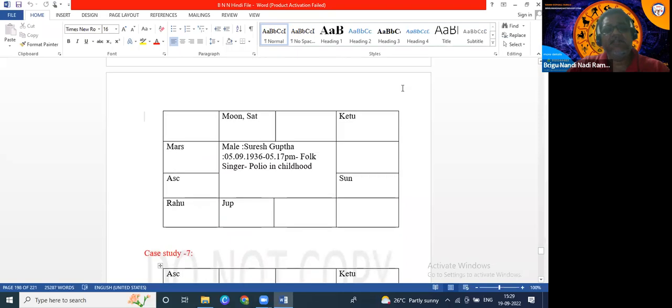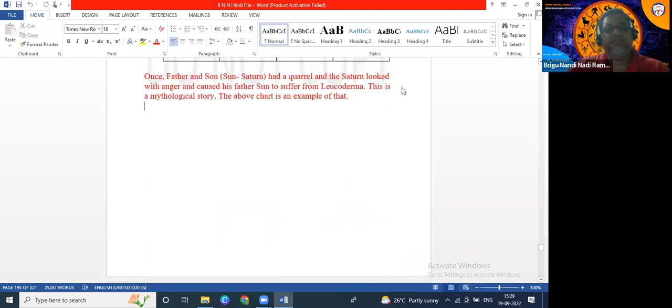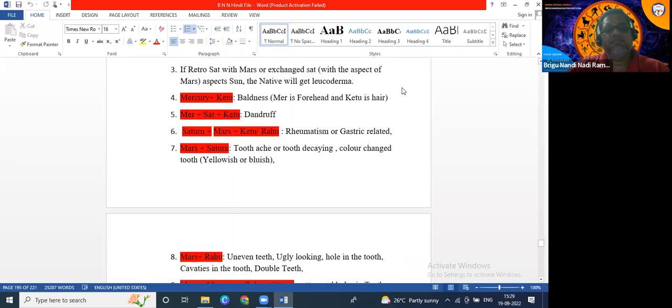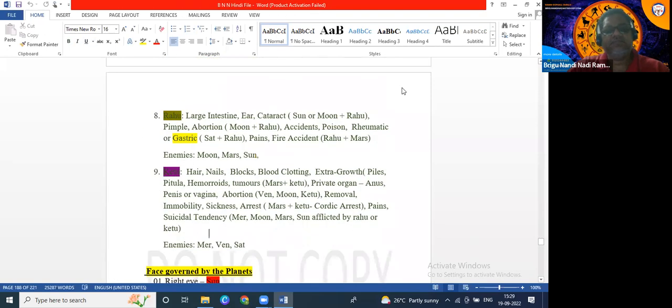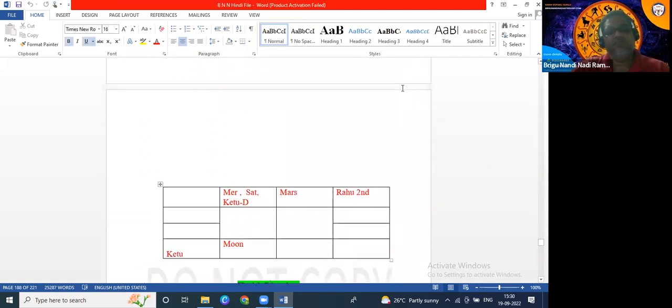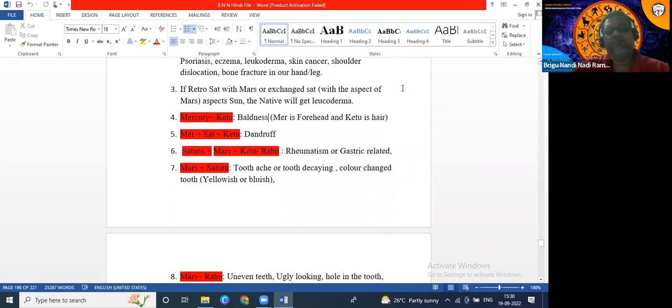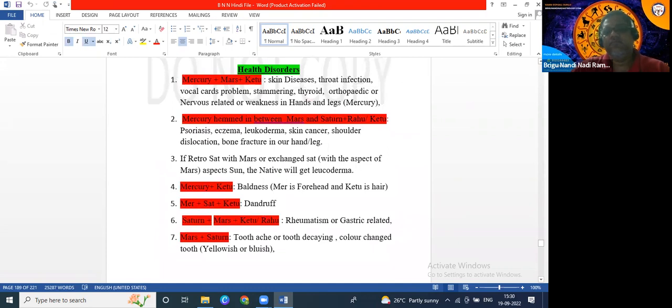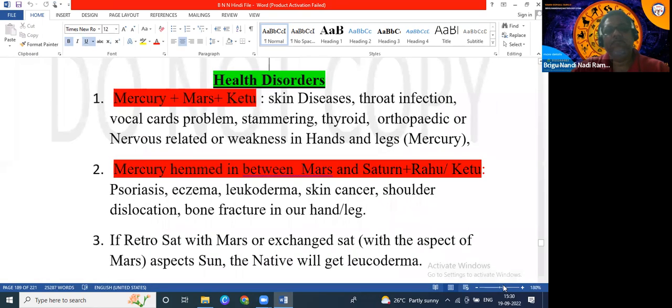And now let us see some examples. Suppose you take any planet, and it is along with enemy planets, the native will get health problems related to that planet.